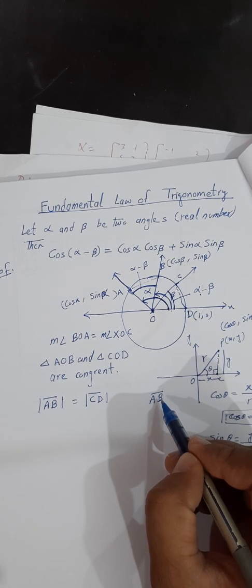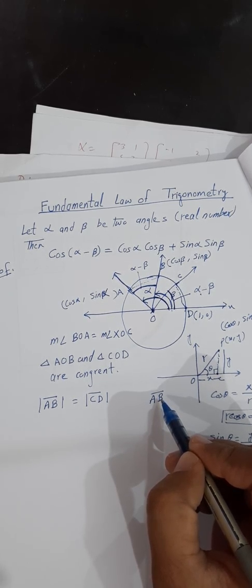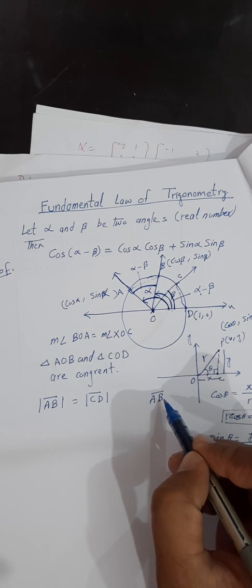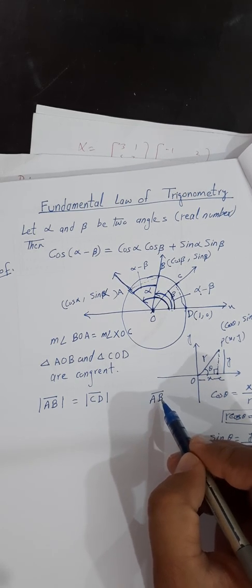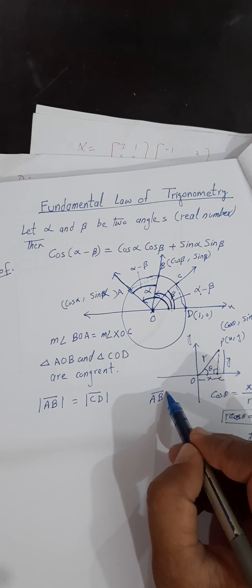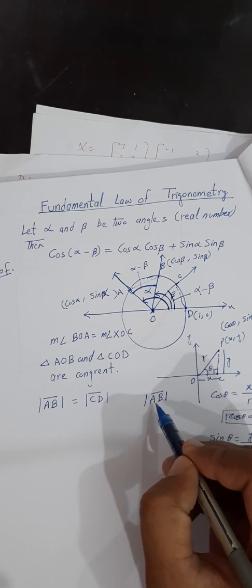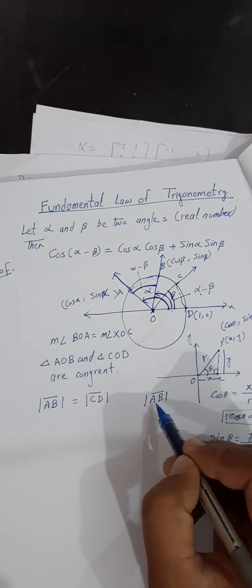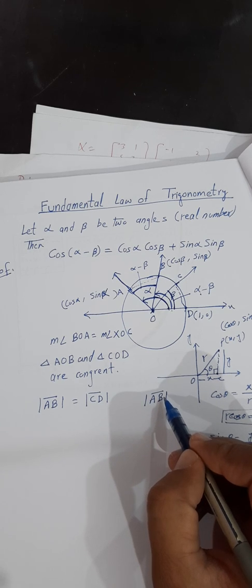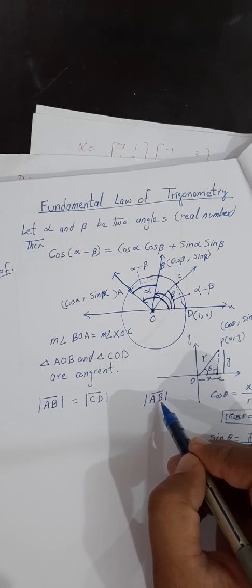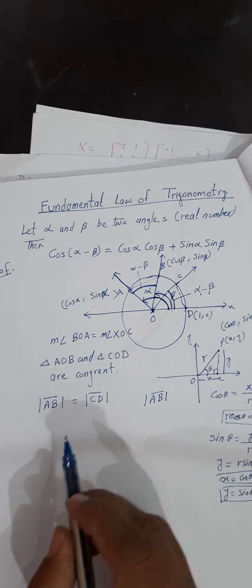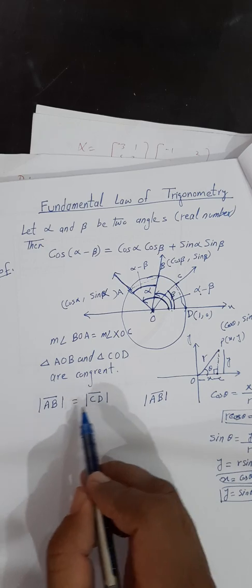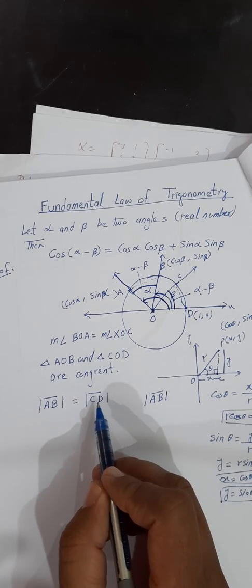Because distance is a scalar quantity and vector is something else. In vector, we need a direction. Therefore, when we take a modulus or magnitude of a vector, then this is a distance, or you can say that this is a length or norm or magnitude. Now, distance AB is equal to distance CD.